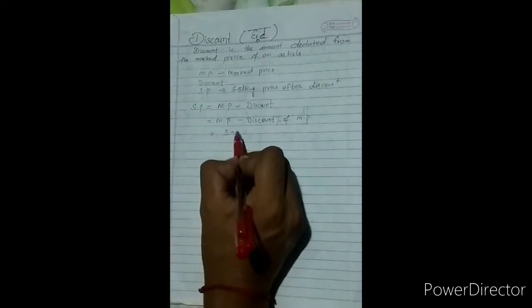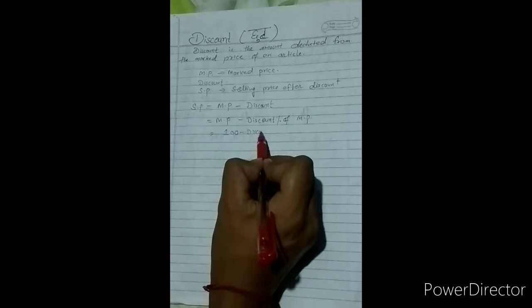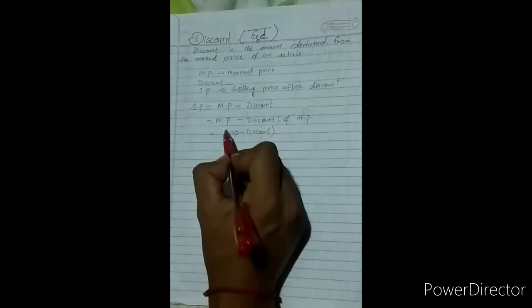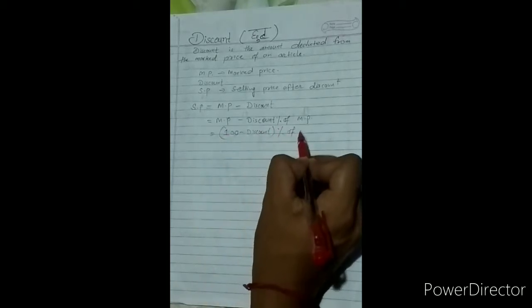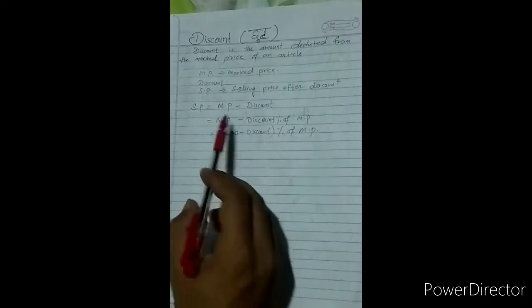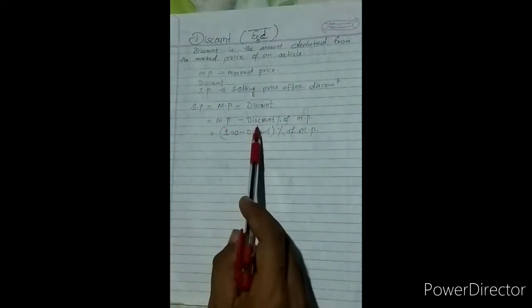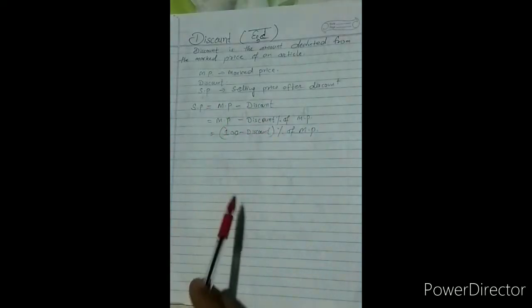This same formula we can generalize in another way: 100 minus discount percent of MP, because MP is 100% and the discount percent is subtracted, so 100 minus discount percent of MP can also be used.